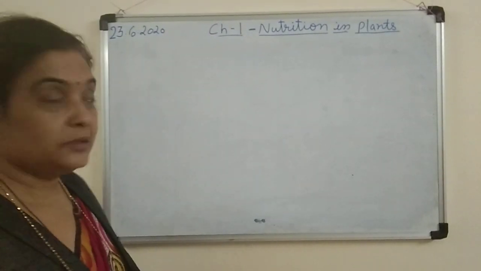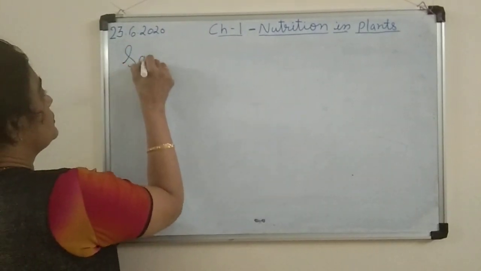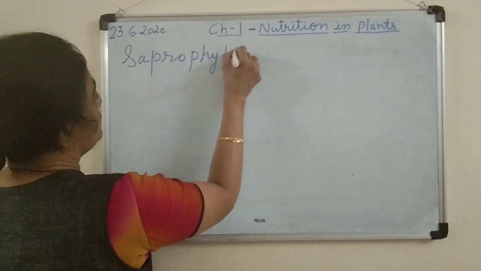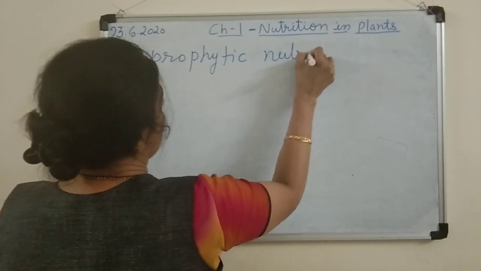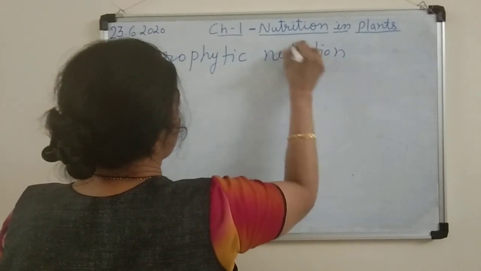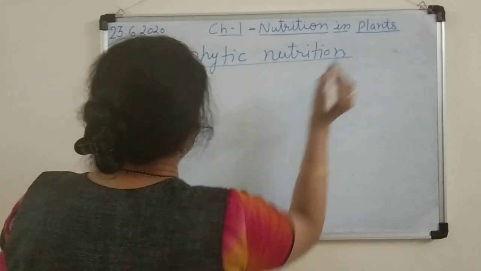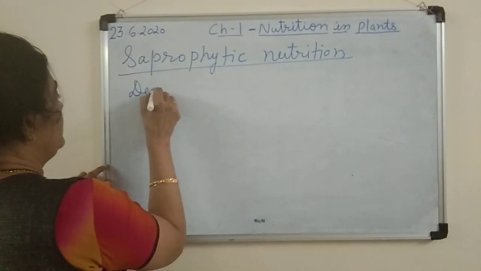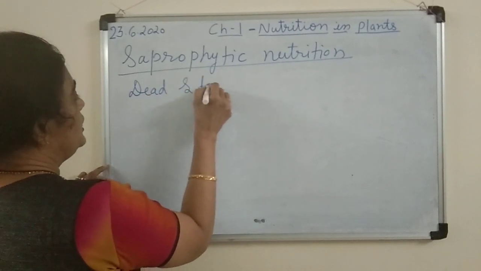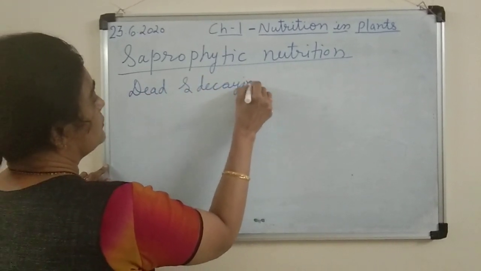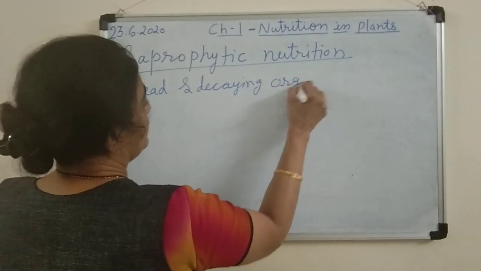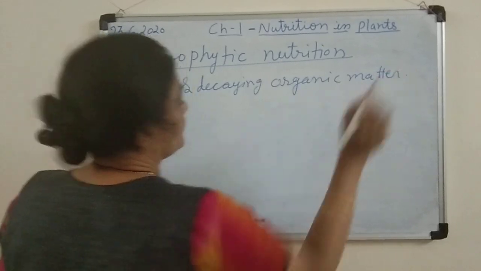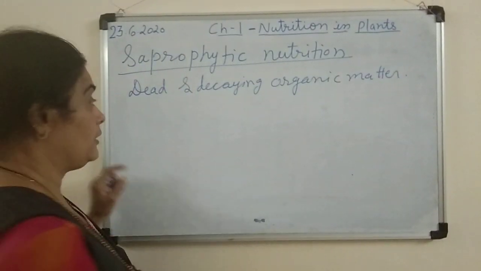Saprophytic means organisms feeding on dead and decaying organic matter. Dead and decaying organic matter.